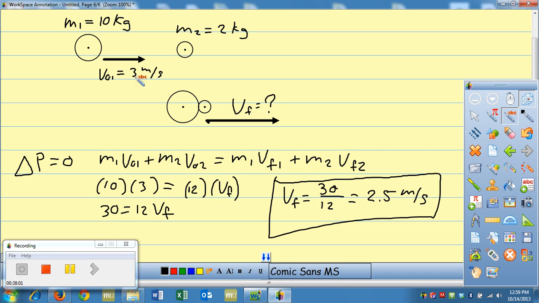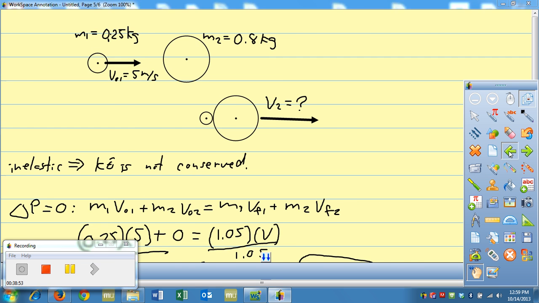And in effect, you can sort of see what's going on. 10 times 3 is 30, okay? So the question is, what times 12 is 30? And the answer is 2.5 times 12 is 30. The momentum stays the same.